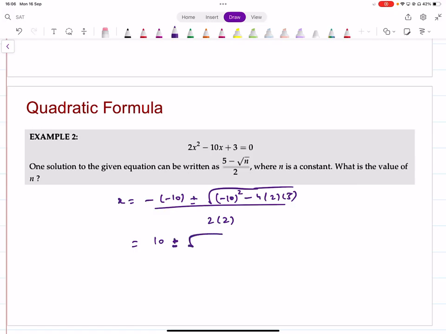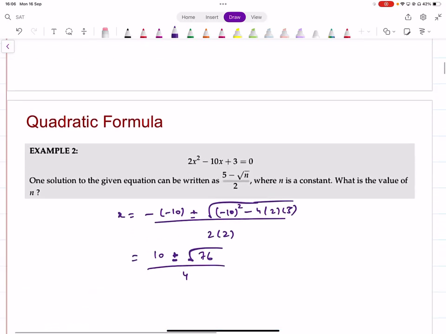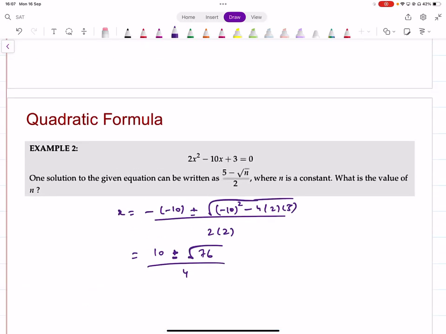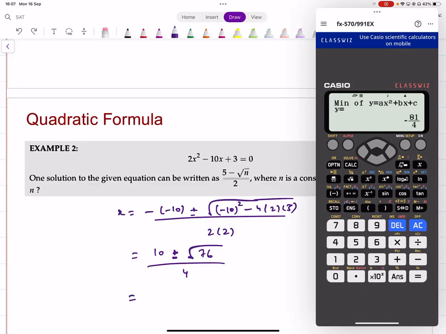Inside the square root, we get 100 minus 24, right? 100 minus 24, which is 76, divided by 4. This is what we have. Just give me a second. Now, you want 2 there in the denominator and 5 as the first term there. You can simplify this. You can put this on your calculator. Under root 76, just put that on your calculator.